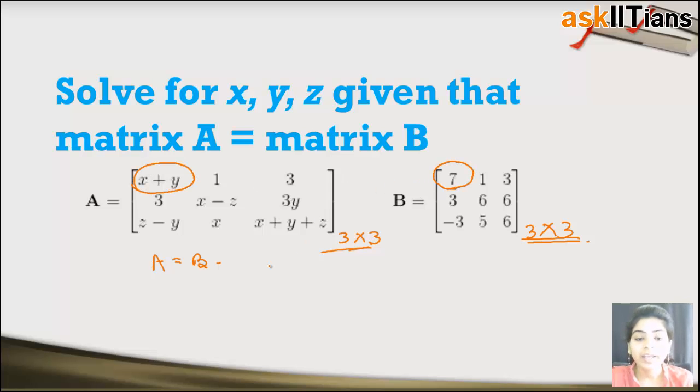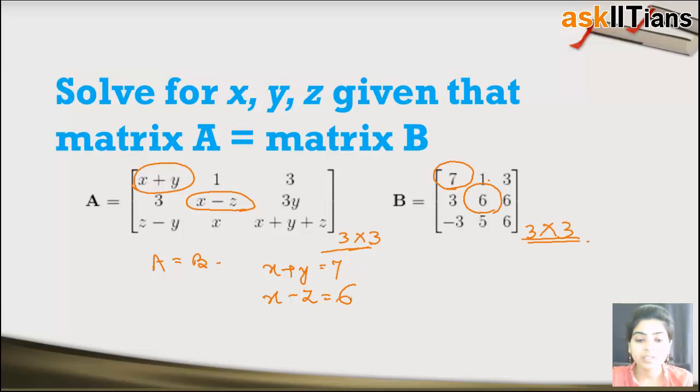That means x plus y would be equal to 7. Now this 1 is equal to 1, you can see it easily. I will be taking the values where there are x, y and z so that I can easily find the values. Now I have x minus z, this will be equal to this element.